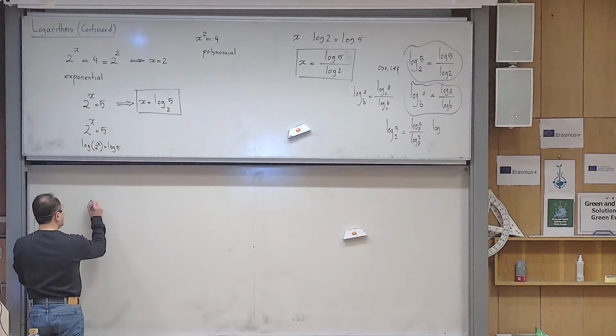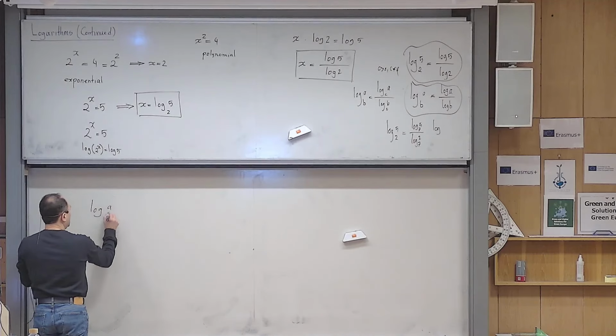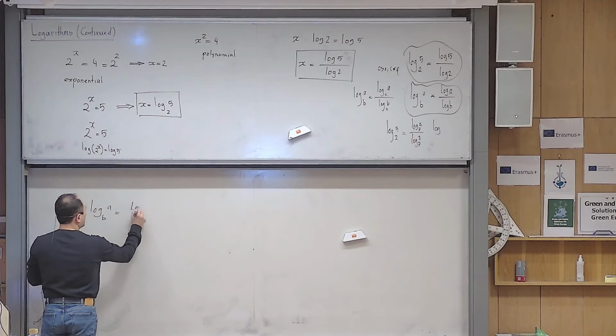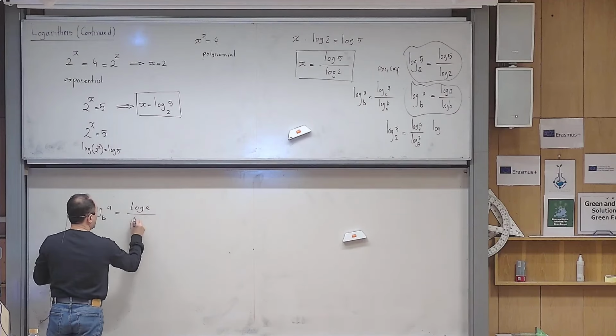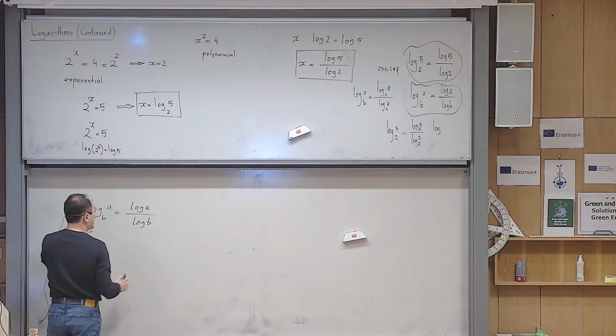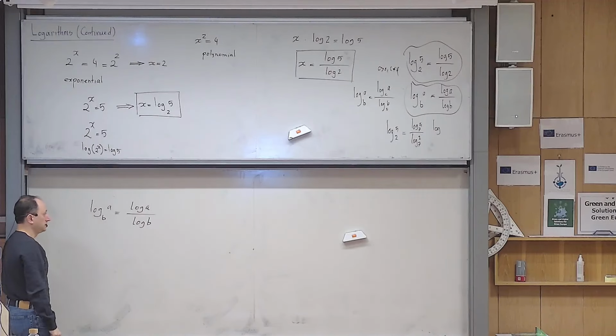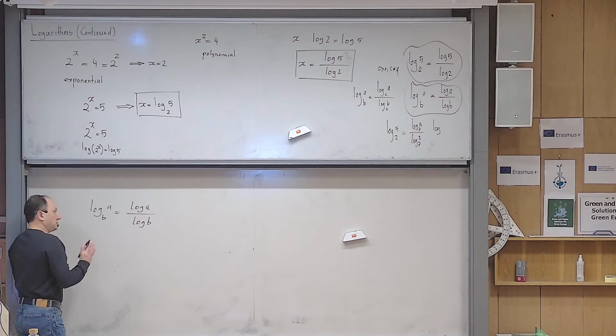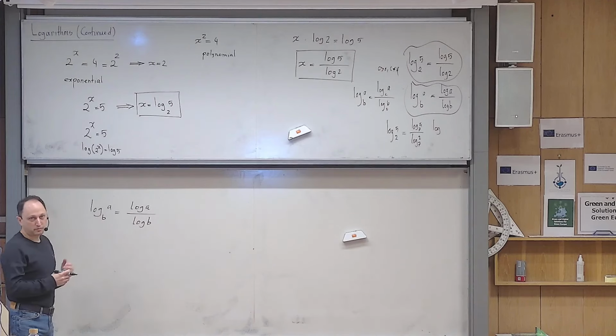My goal is to show that logarithm of a to the base b is equal to the logarithm of a divided by logarithm of b. It's an extremely useful formula. Why do you think this is the case? I don't know how much you remember from the previous lessons before the break. If you want to prove something about logarithm, it is better to give them a name.